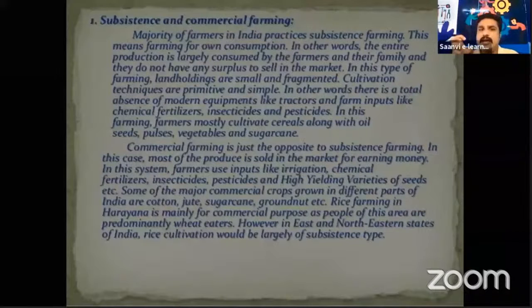Cultivation techniques are primitive and simple, very simple techniques, like canal irrigation or monsoon rain. They depend on rainwater. They use all natural fertilizers. In other words, there is a total absence of modern equipment like tractors and farm inputs like chemical fertilizers, insecticides or pesticides.